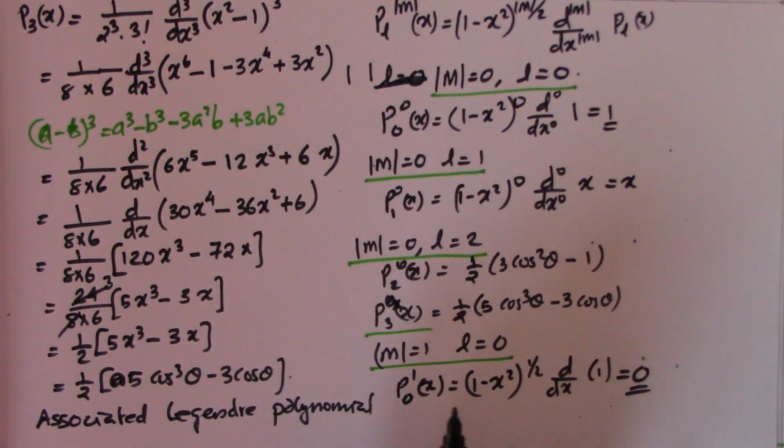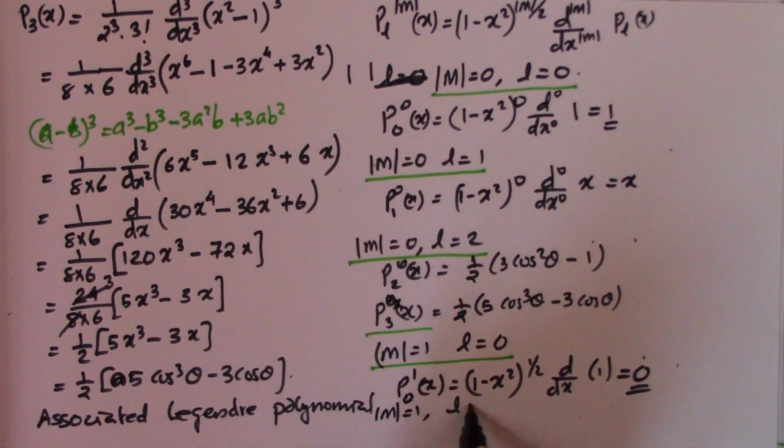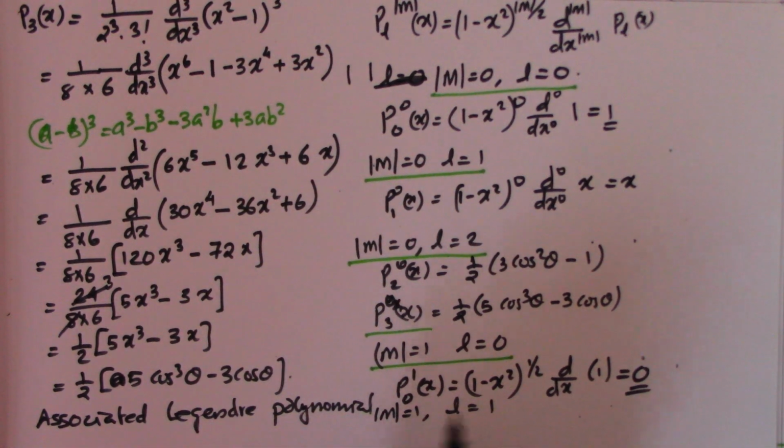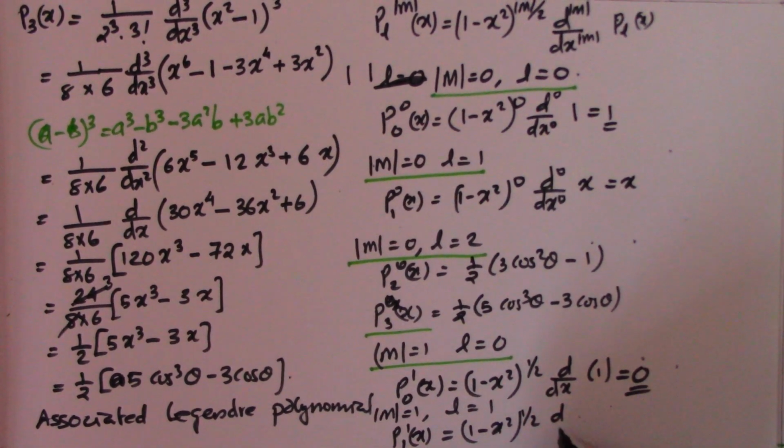And for m is equal to 1 and L is equal to 1, in this case what will be the associated Legendre polynomial? P_1^1(x) is equal to 1 minus x square raised to m by 2, that is 1 by 2, times d by dx of P_1(x).